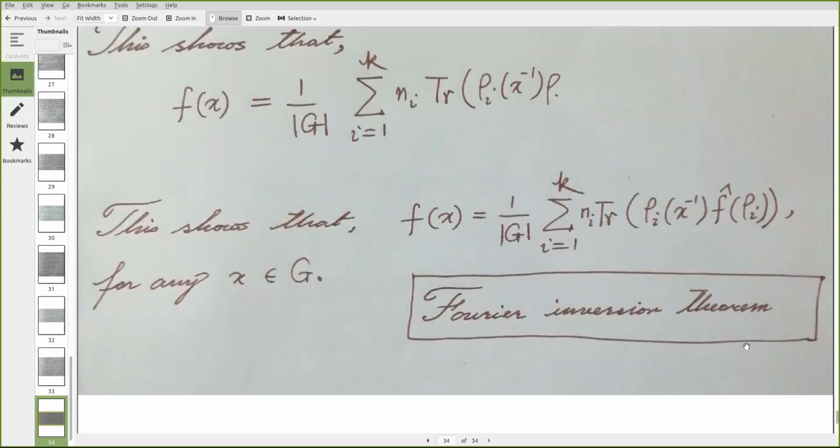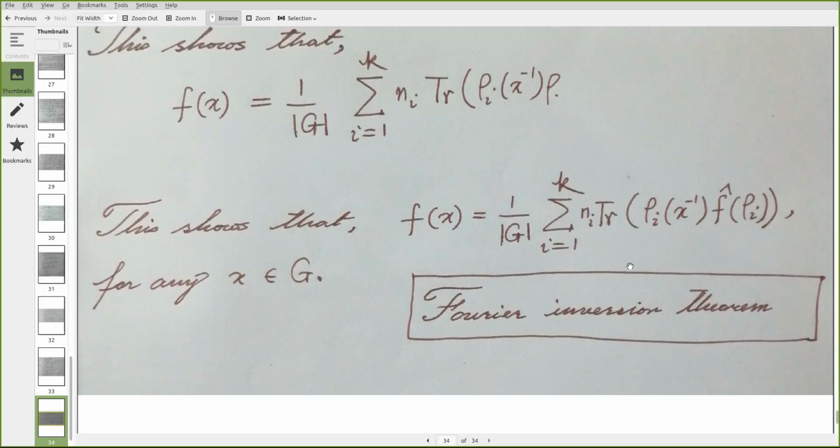Since every time I am saying that I am extending the theory to general finite groups, I leave this for you to convince yourselves why this implies the Fourier inversion theorem in the finite abelian case.